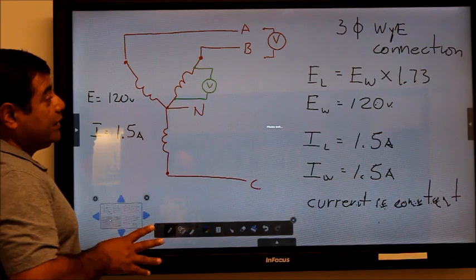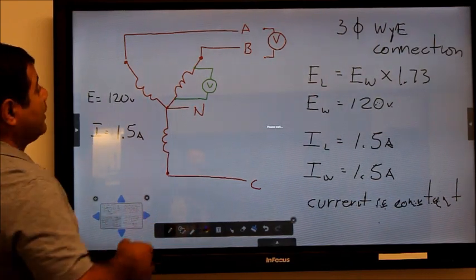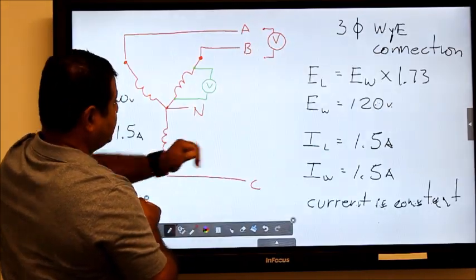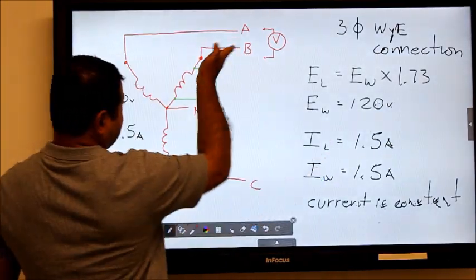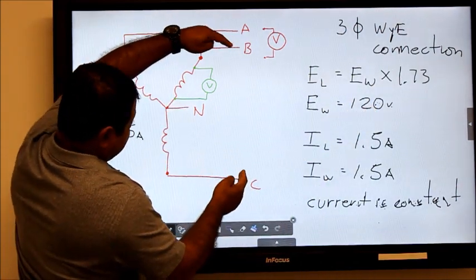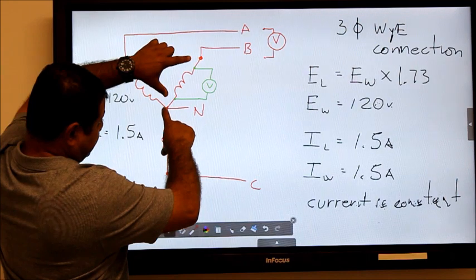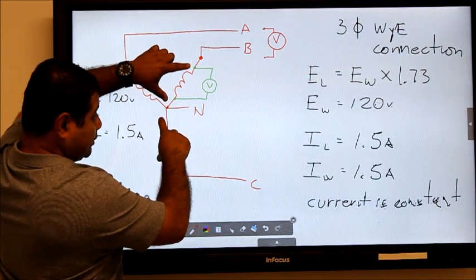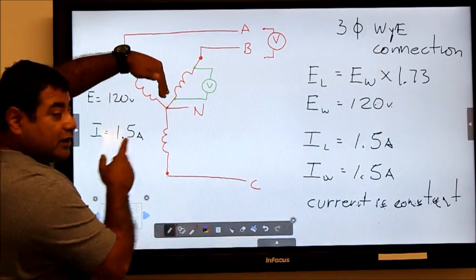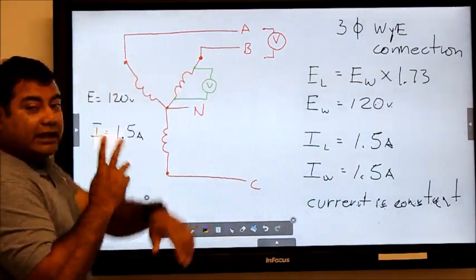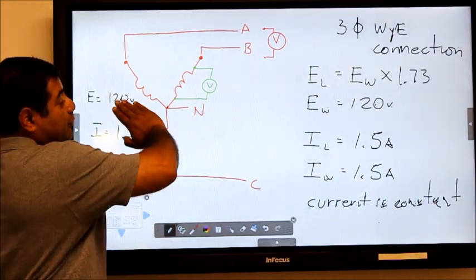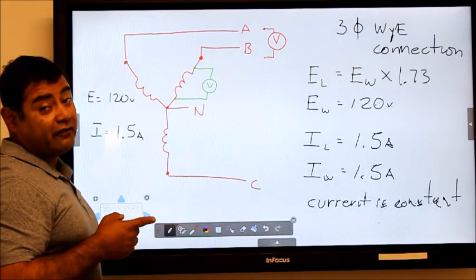And then we have the Y-connected three-phase system, A, B, and C phase, where the current is the same because it has one path. However, the voltage of the lines is 1.73 times bigger than the voltage across each one of the windings. Why is it 1.73 times? Because remember, these add vectorially. They don't add linearly. So you always take the tangent of the 120 degrees because these are 120 degrees out of phase.